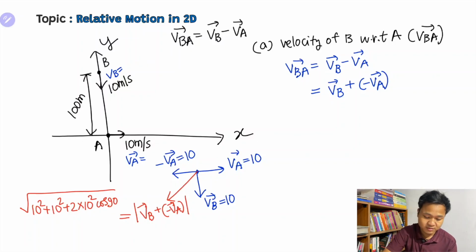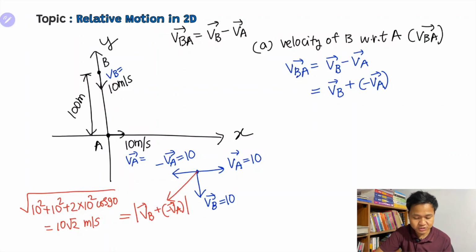The angle between minus VA and VB is 90, so cos 90 is 0. So here I will have 10 root 2 meter per second. So 10 root 2 is the velocity of B with respect to A. This value comes out to be 10 root 2.